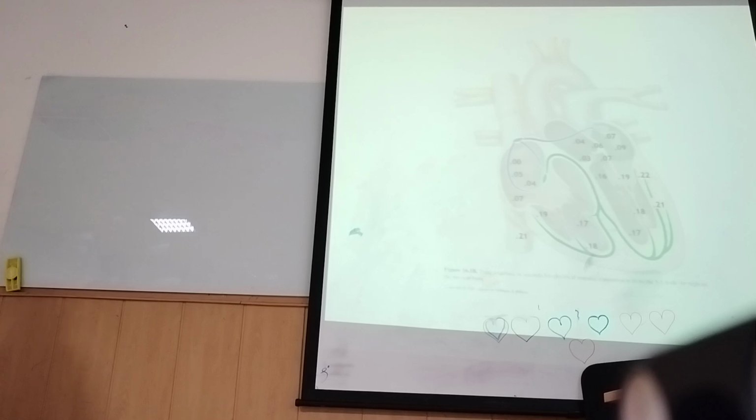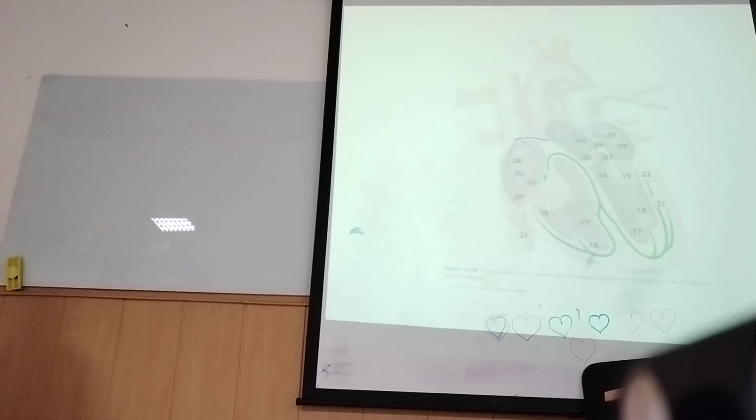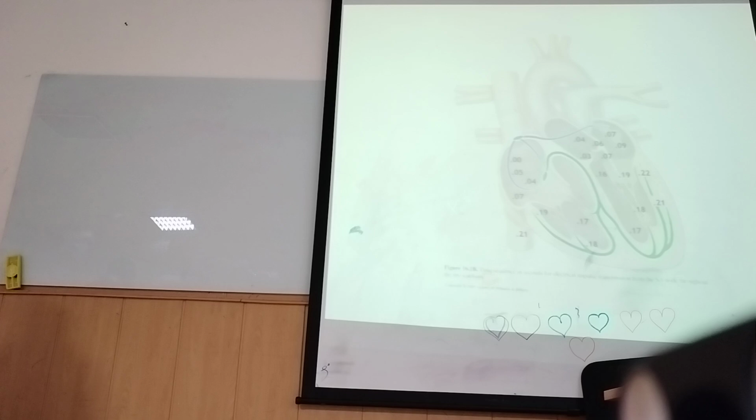It is the left side of the interventricular septum, and it depolarizes from the left to the right. Then both bundle branches will be depolarized, coming into the apex, and going up to the base of the heart.